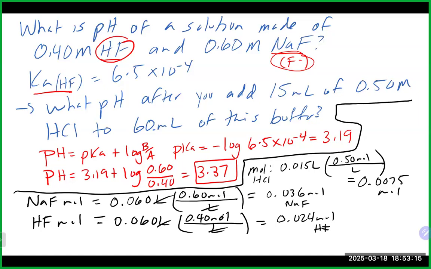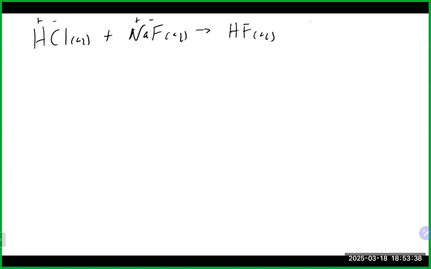All right, now we need to do the ice table. Here we're adding some HCl, which is an acid, which means it should react with the base part of our buffer. It's basically a double displacement reaction. If you're not sure what you get on the other side, one thing you should know is you should always get the other part of the buffer. So that's pretty much for sure what you're going to get, and in this case we'll also get some sodium chloride. We are going to do this in moles.